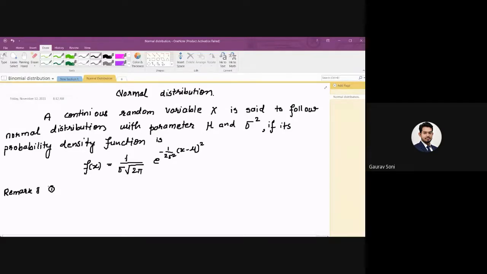First and very important one: what is the notation? X follows normal distribution with parameters mu and sigma square. We saw yesterday what we mean by a parameter. A parameter is something that will define the distribution completely. In this case, the parameters for the normal distribution are mu and sigma square.